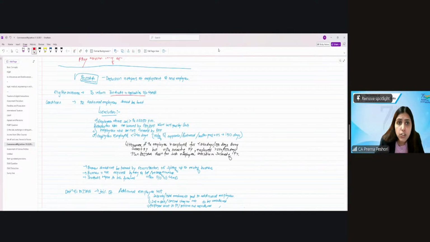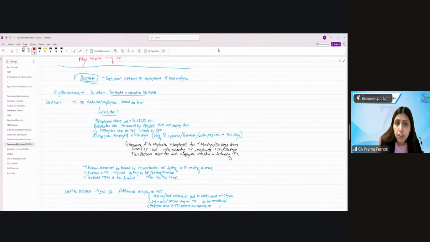Now, what are the additional employees? This excludes the employees whose salaries are greater than 25,000. If it is equal to 25,000, it is covered. If it is greater than 25,000, that is not an additional employee.